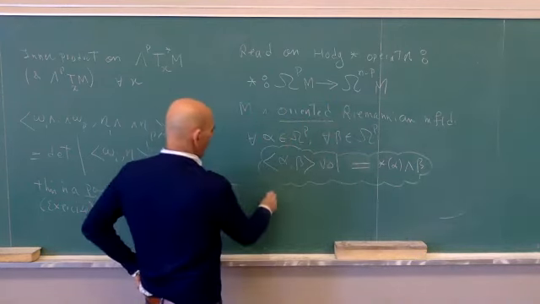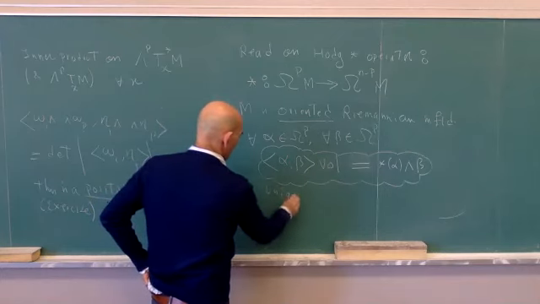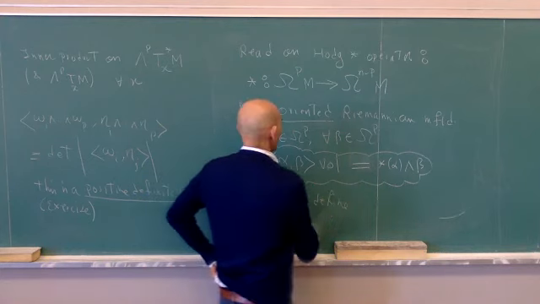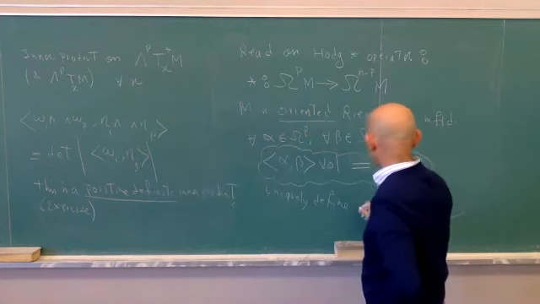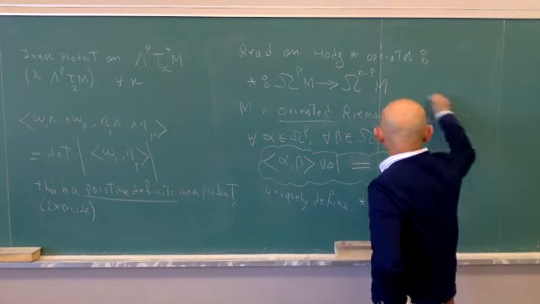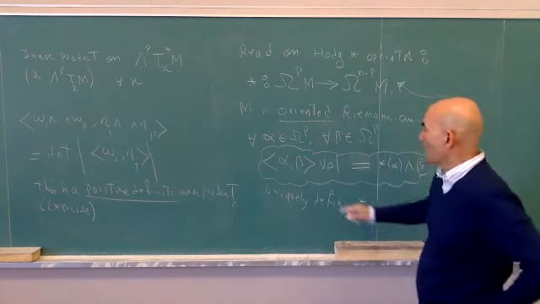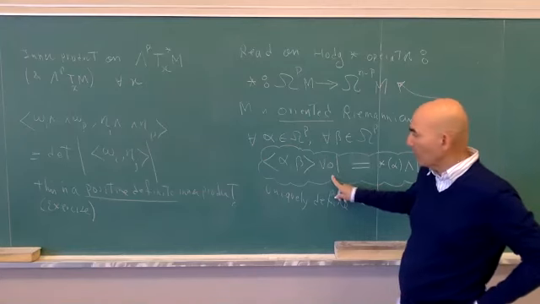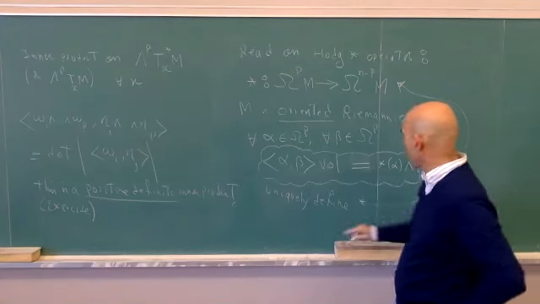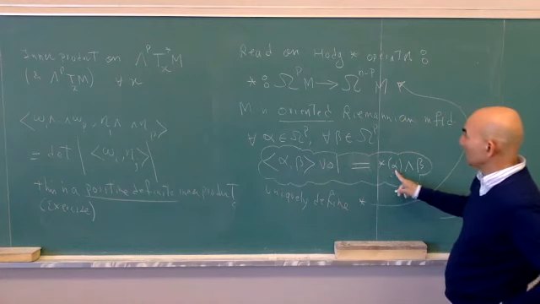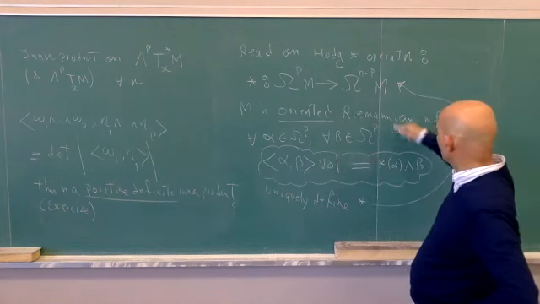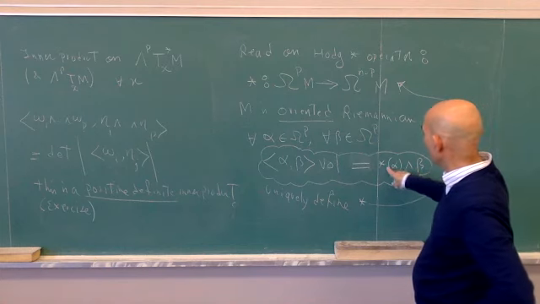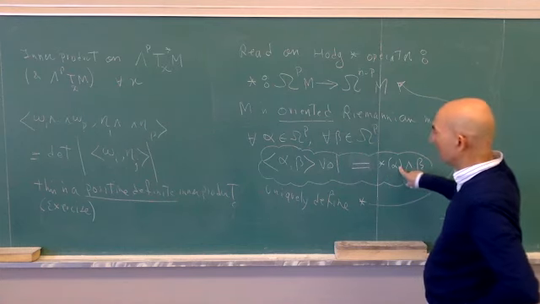This uniquely defines the star operation. Remember, this is an n-form, this is a number, and this is an (n-p)-form, this is a p-form. So the wedge product of an (n-p)-form and a p-form is an n-form.